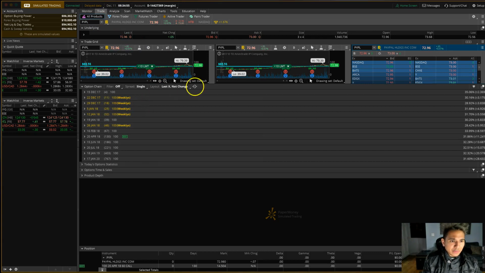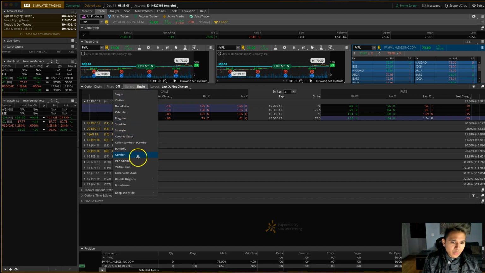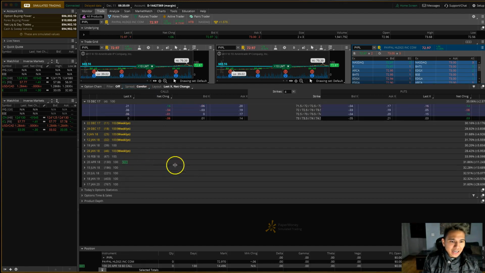So if you did the defaults, then you have to say, oh, well, what do you want to do? Do you want to do an iron condor or whatever? And then you have to do a single, then you do a vertical or whatever, a back ratio. If you do it like this, then it wants to do it all for you.